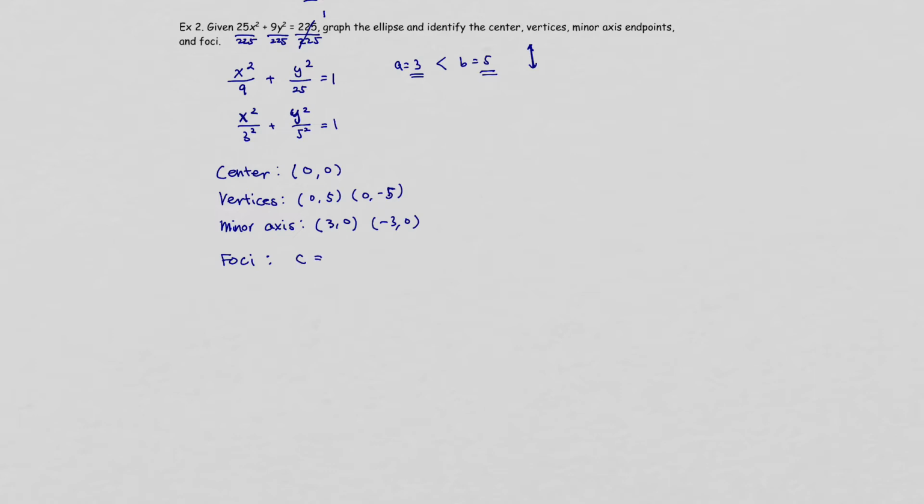Your c is going to be plus or minus the square root of b squared minus a squared. So that will give you the square root of 16, which is plus or minus 4.